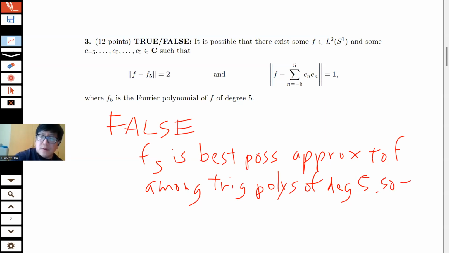So this thing over here, which is a trigonometric polynomial of degree 5, can't be better.